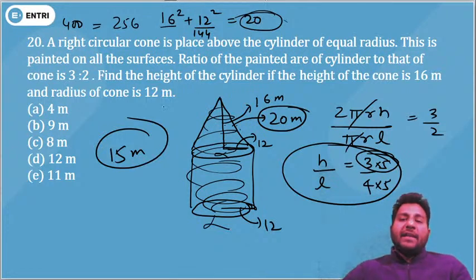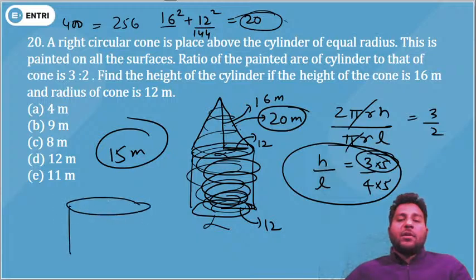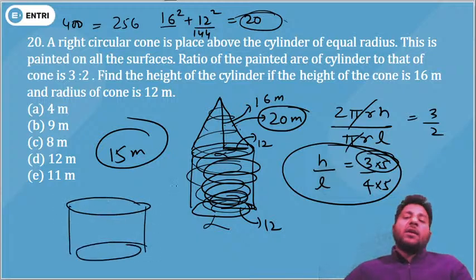Look, the painted area should have been the outer side, because you are painting. If you can take, but I don't think so. If we are painting, yes, Sharat, I got your point, but we should not take the bottom side.